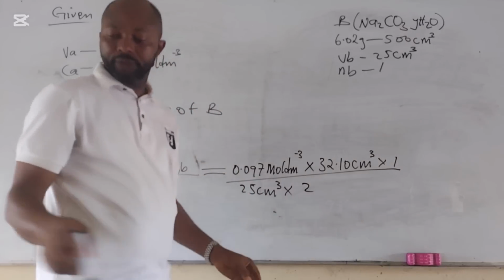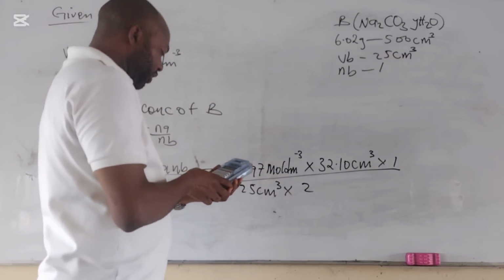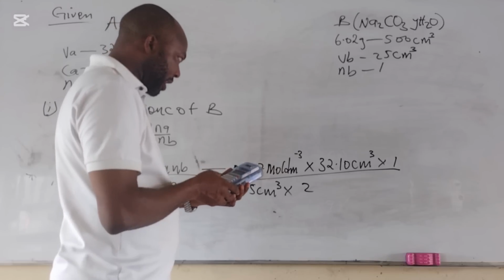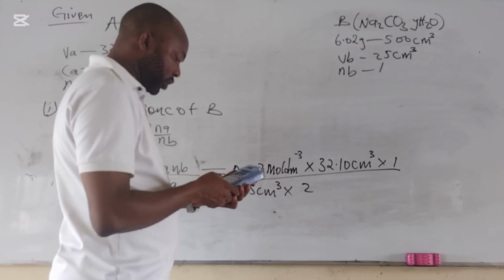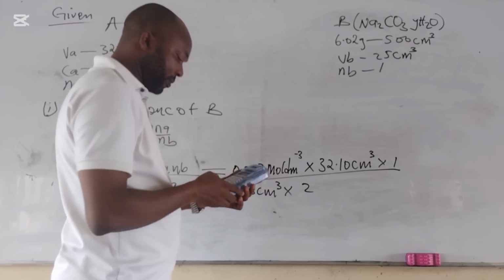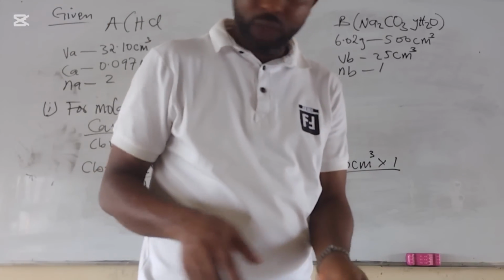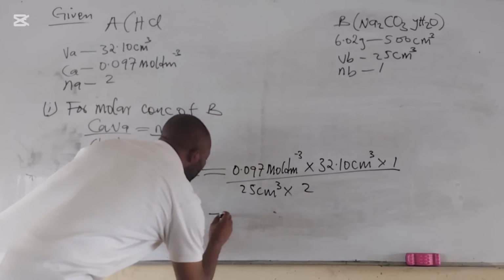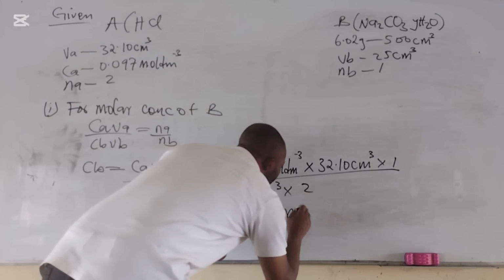So we move on to check this out. We have 0.097 times 32.10, divided by 50. We have 0.0623. This will give us 0.0623 mole per dm³.